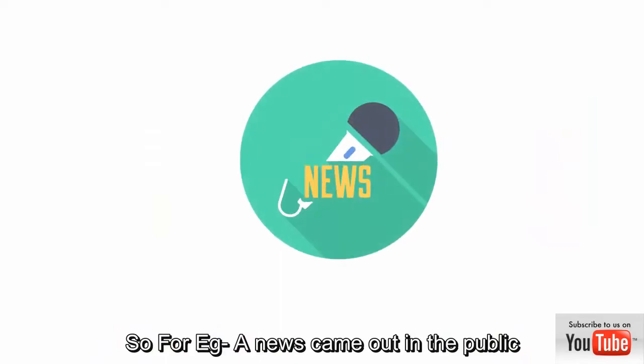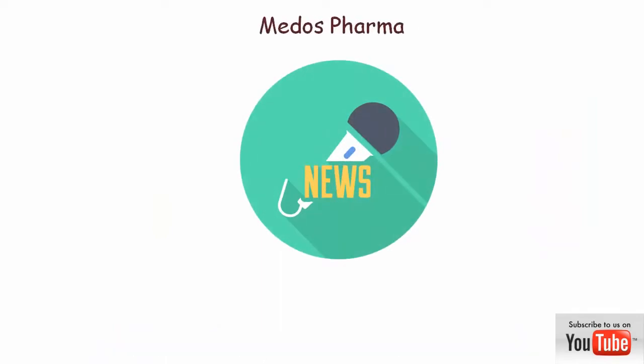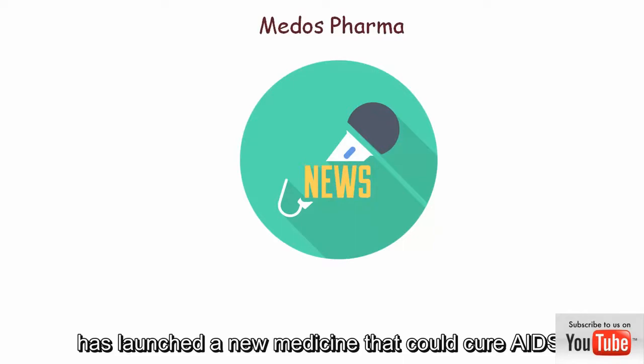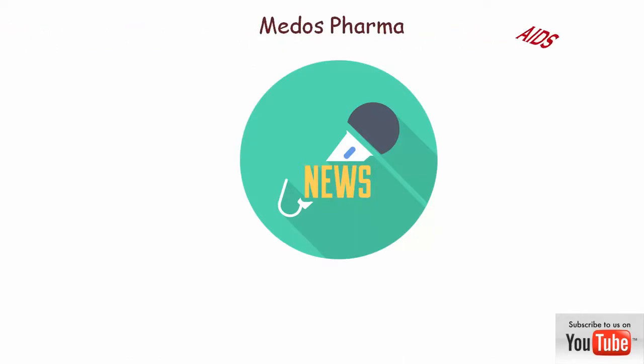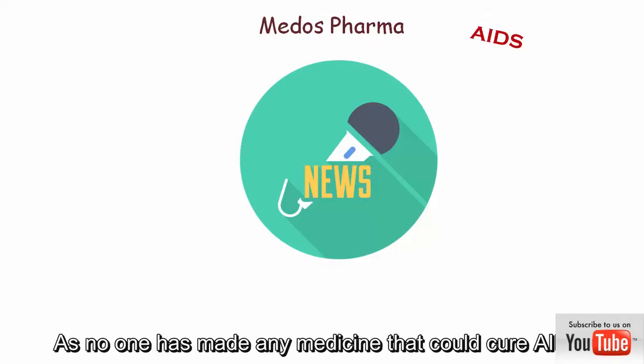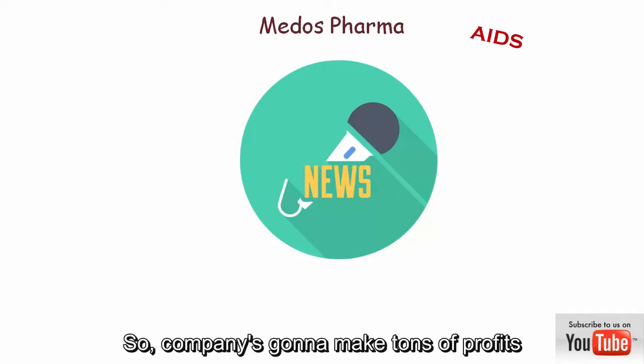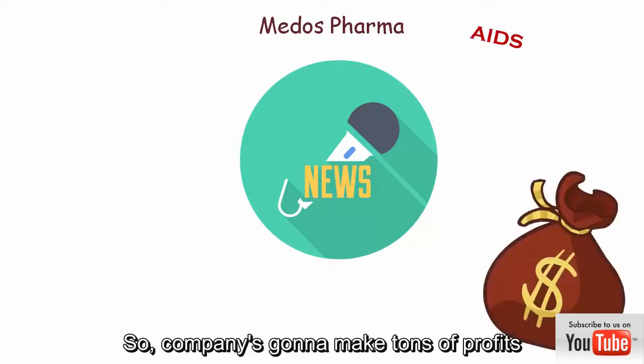For example, news came out in public that a new company called Mizos Pharma has launched a new medicine that could cure AIDS. Now this is really breaking news, as no one has made any medicine that could cure AIDS, and that's a revolutionary product. So the company is going to make tons of profits.